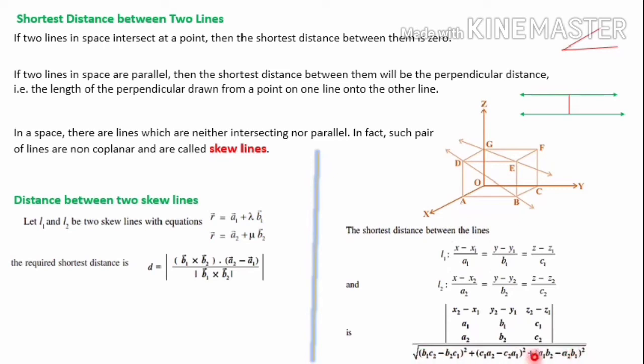There is a short form to write the denominator without mistake, b1 c2 b2 c1, c1 a2 c2 a1, a1 b2 a2 b1, that we will learn while solving the questions. So first of all you have to learn these formulas by heart.